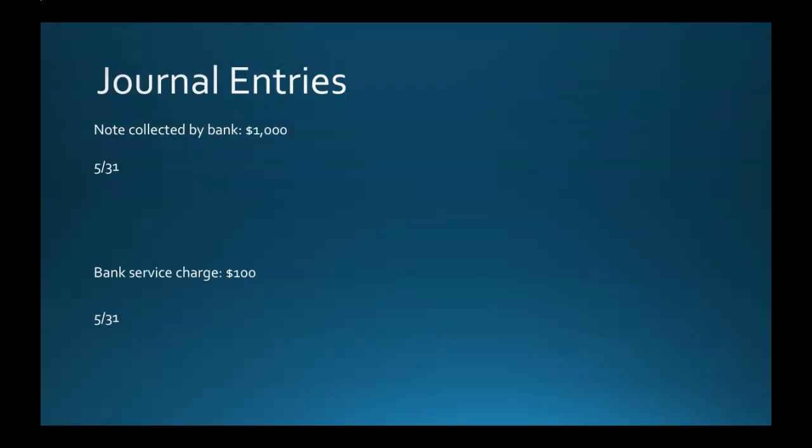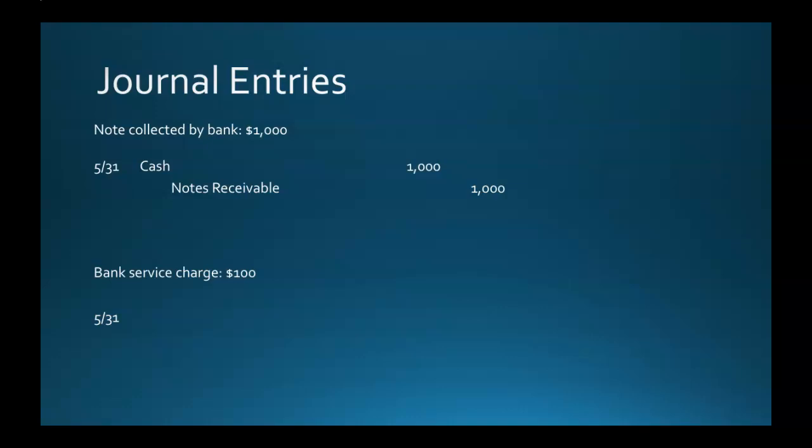So when that note was collected by the bank, that increased the amount of money that you have. So we want to debit our cash for that $1,000. Now, why did our cash increase? Because our notes receivable decreased by that $1,000. So that's what your journal entry would look like there.